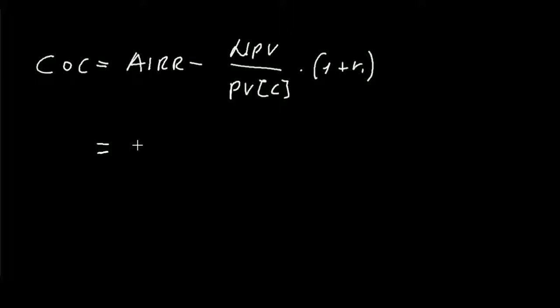The AIRR is computed from the incomes and the capital amounts. And then we have a ratio.